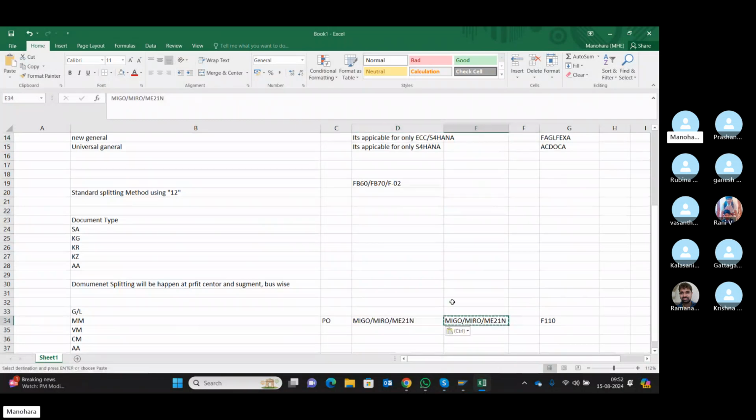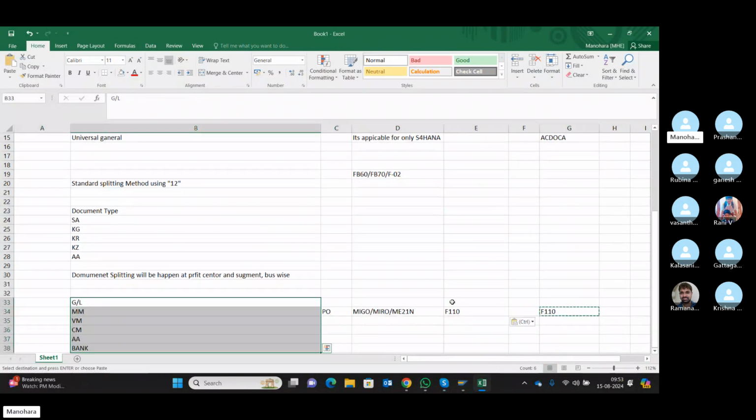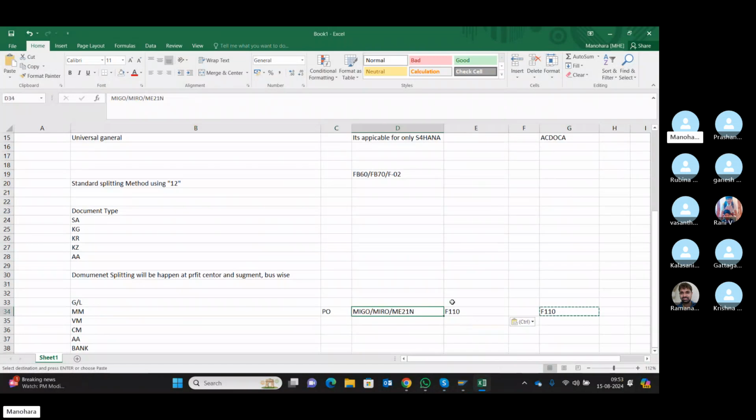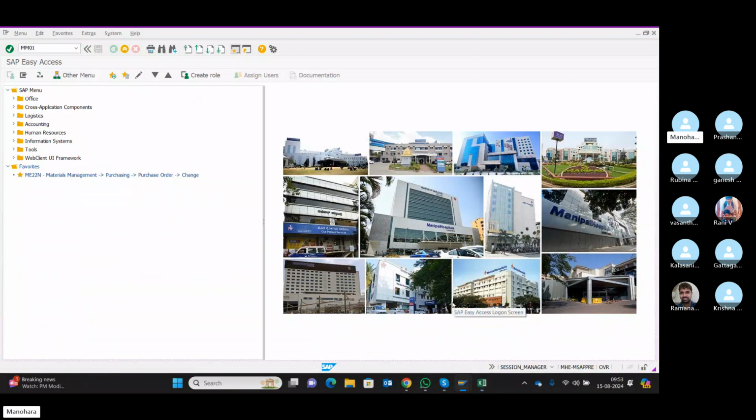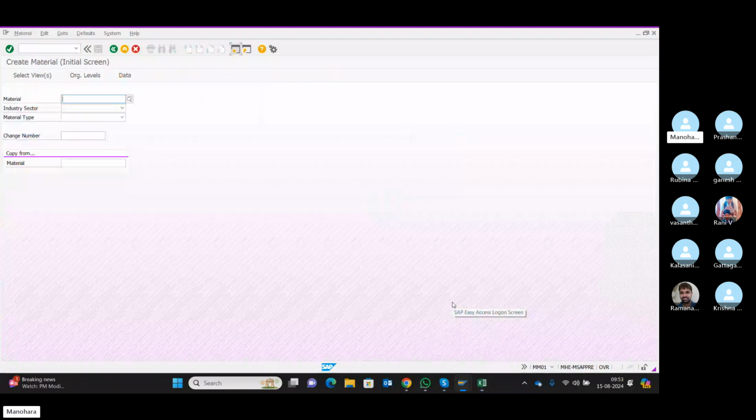Whenever integration happens, it speaks to master data only. So how will the system pick where we have given the profit center? Whenever we go to material code creation, the T code everyone knows is MM01. We give it at creation. I already created one, so let me show an example.